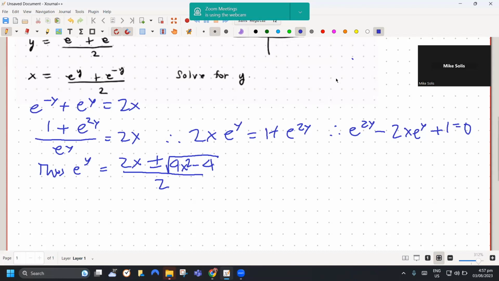So may common factor ng 4 sa loob, so you can pull it out. Teka, common factor yung 4, di ba? So dapat 4 times x squared minus 1 yan.